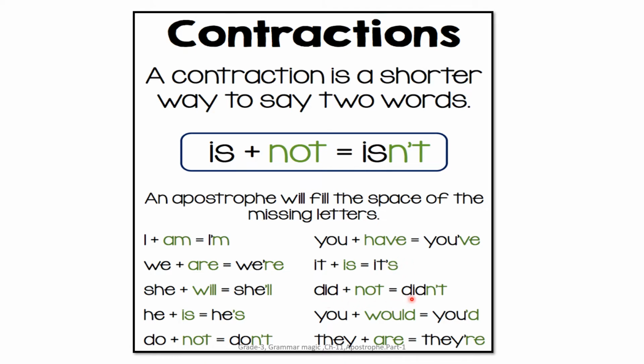Did plus not, didn't, means did not. You plus would means you'd, which means you would. They plus are, they're. So children, these are some contractions or omissions of letters.